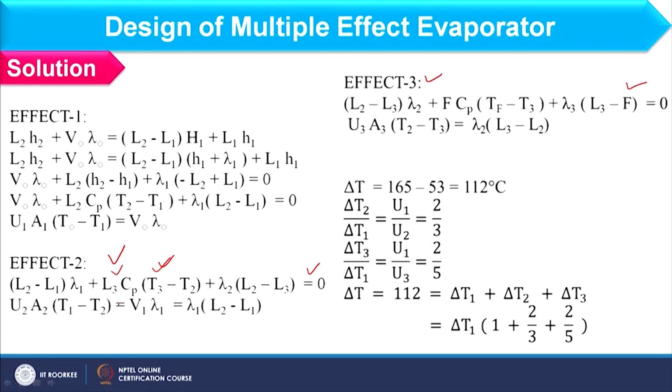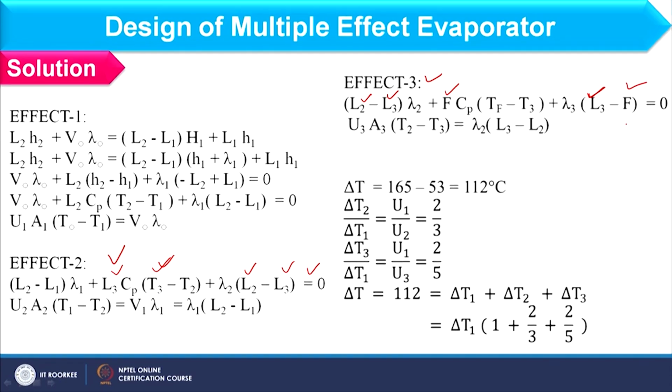Similarly, here I am having L3 which is unknown to me. So, L2 and L3 are unknown in this term as well. Similarly, when I focus on effect number 3, L2 and L3 are unknown to me, feed is known to me, and L3 is unknown to me. So, what is the meaning of this?